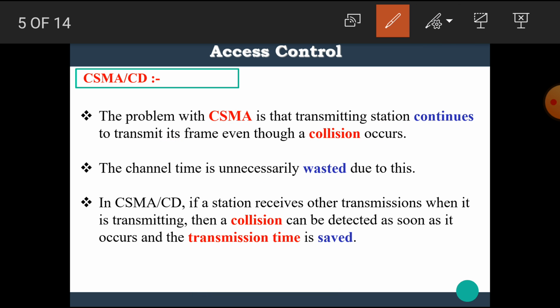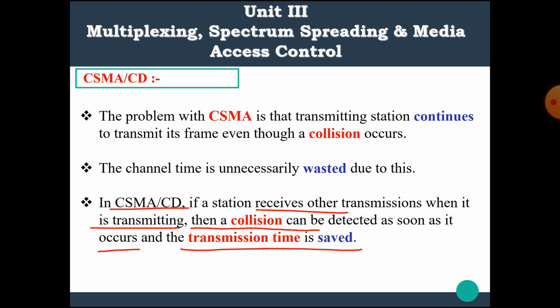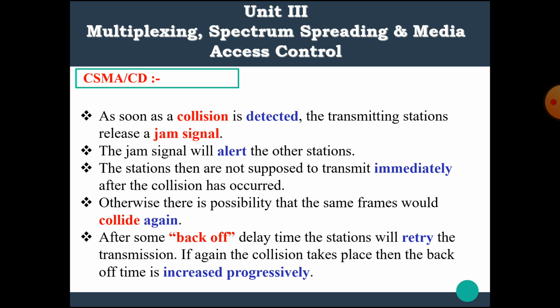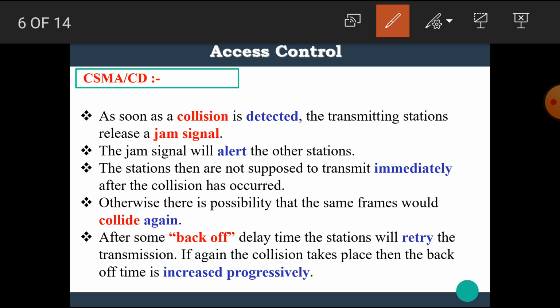Hence, in CSMA-CD, if the station receives another transmission while it is transmitting, then a collision can be detected, and as soon as it occurs, the transmission time is saved. How is this time saved? Let's see. As soon as the collision is detected, the transmitting station releases a jam signal.